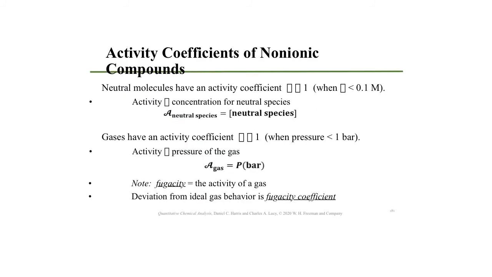So basically, for activity coefficients of non-ionic compounds, neutral molecules, it's not really worth working these out. They really don't have very much of an effect, and even though this slide is relatively corrupted, we're not going to worry at all about this.